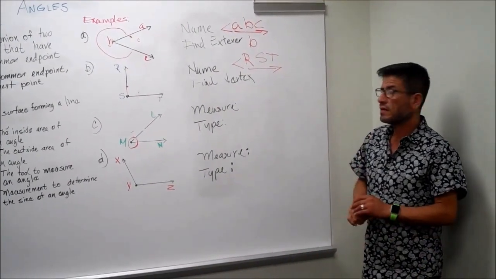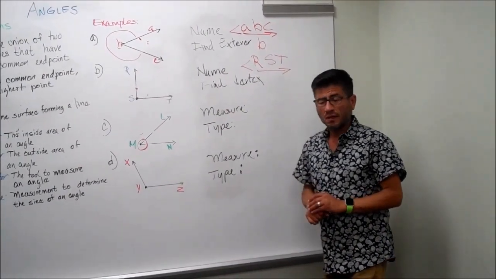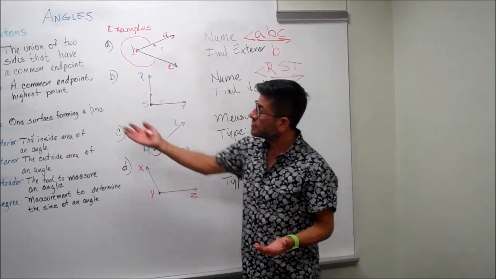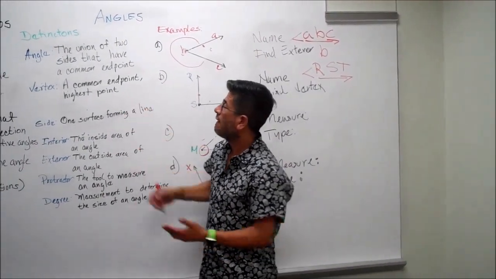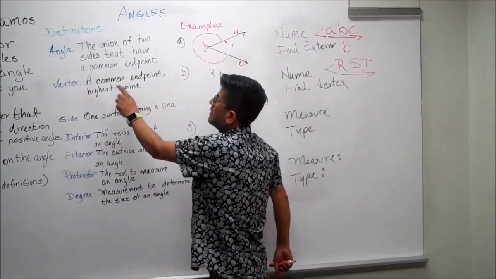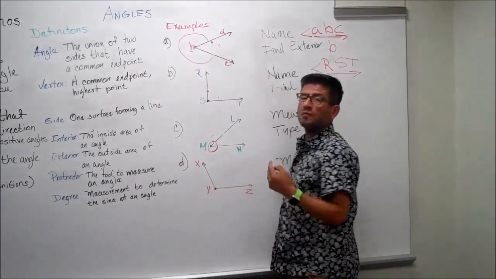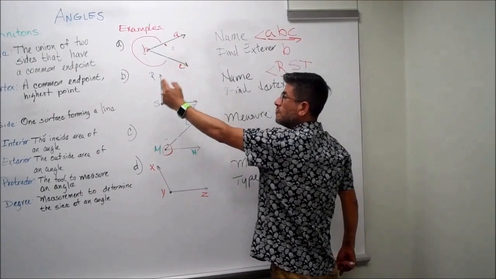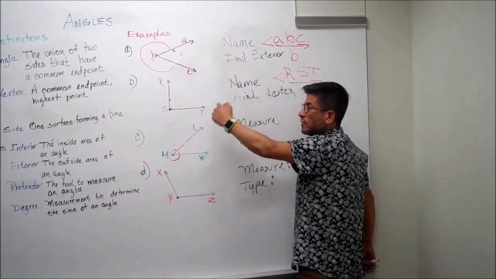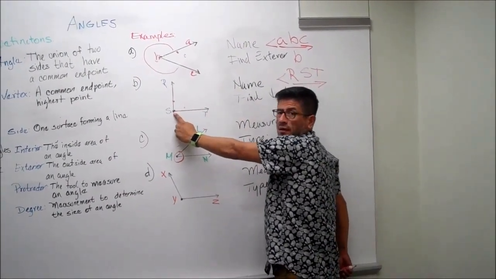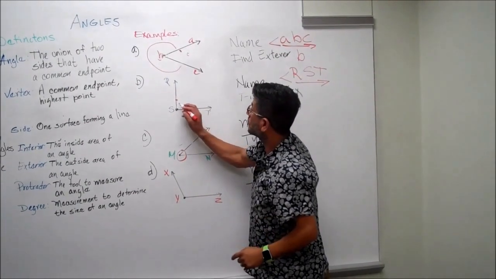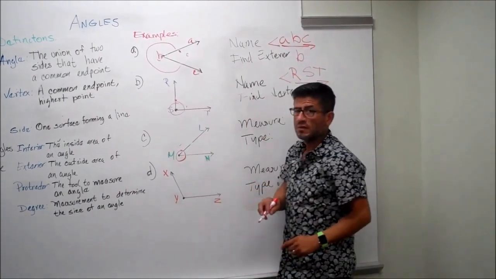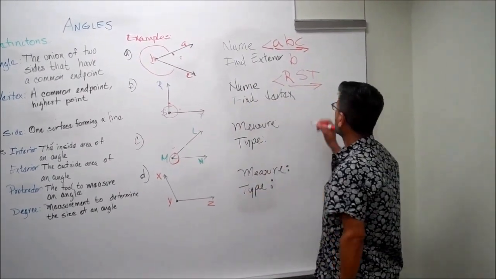And it's also asking us to find the vertex. In the definitions, if you go back to it, it says vertex is a common endpoint. If you look at your angle, what will be the endpoint of your angle? It is right here. You can circle it that way you know where it's at, and it's on letter S.